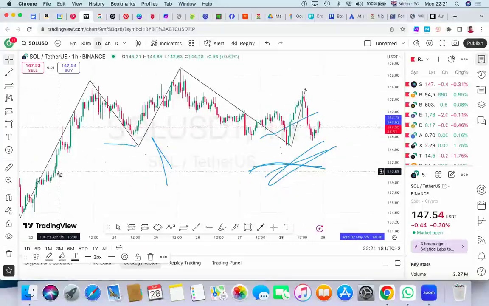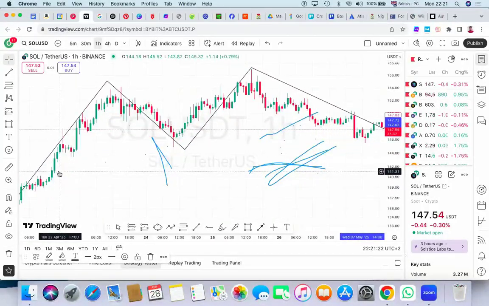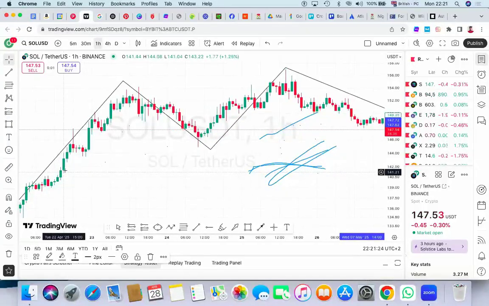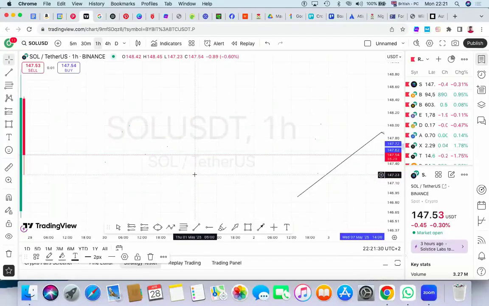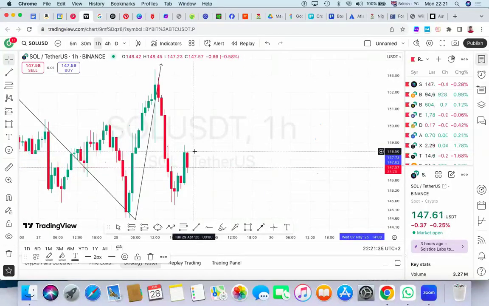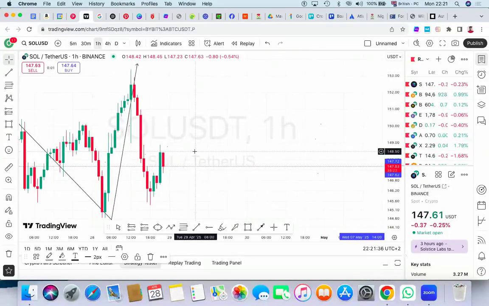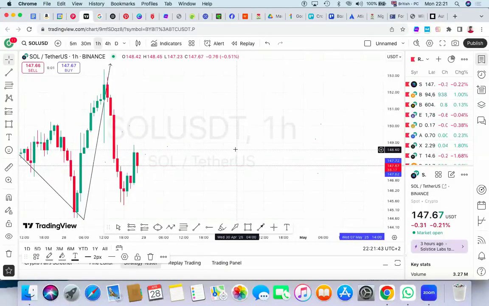A clear example of a Marubozu candle will be this, right? But we have three scenarios for you to be able to identify a good Marubozu candle. What we want to spot is our imbalance, which is a manipulation candle, right?